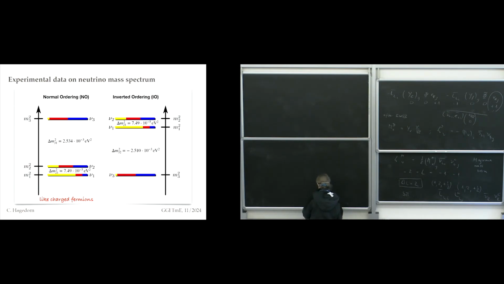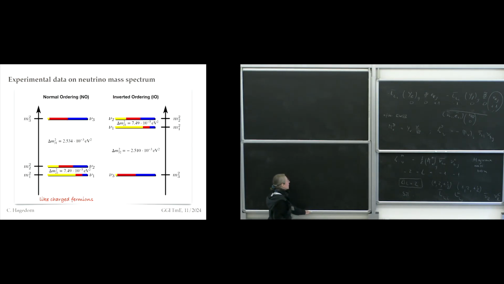Let's formalize this better. We do this now for leptons, because for leptons the same thing happens. Imagine we are after electroweak symmetry breaking.